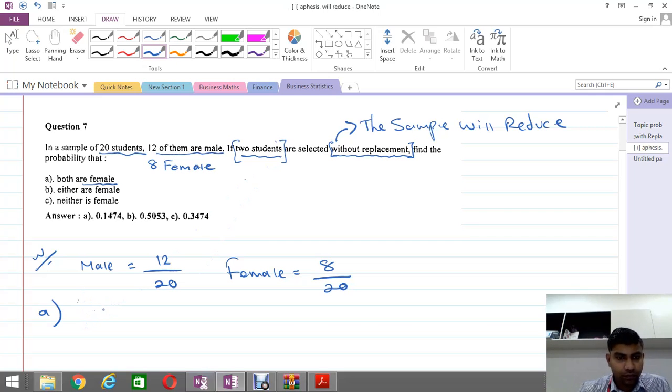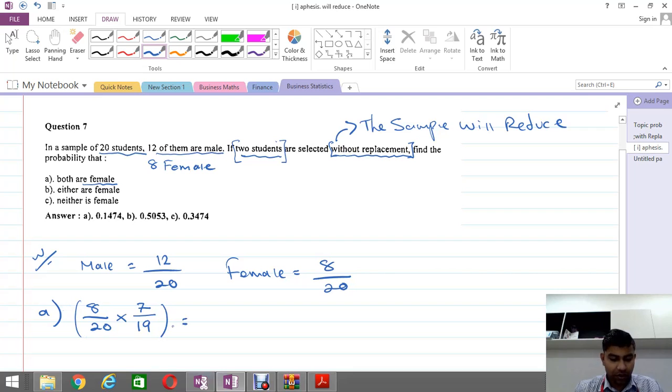Okay, so 8 over 20. So you already pick one student. Then again you want to pick another student, so it will reduce to 7, and in total also it will reduce to what? 19. So 8 over 20 times 7 over 19, so will be how much?